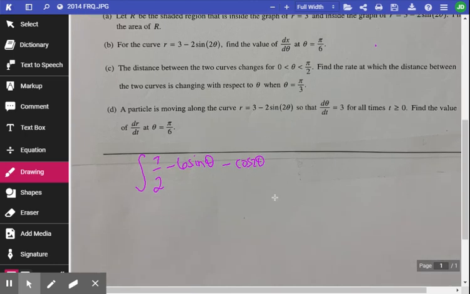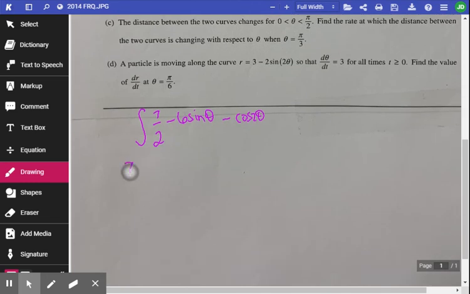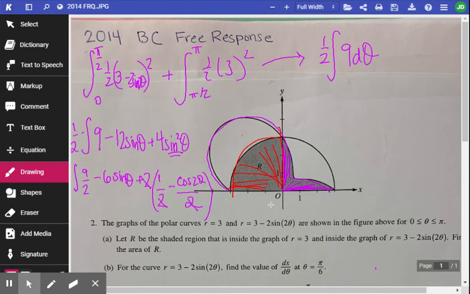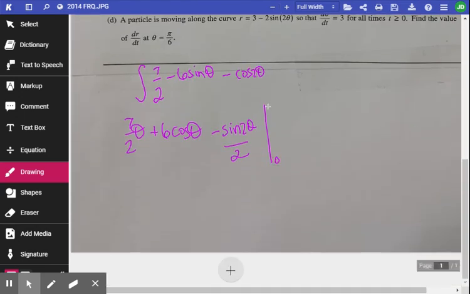So now let's integrate. I'm going to have 7/2 theta plus 6 cosine theta minus sine 2 theta divided by 2, evaluated from 0 to pi over 2. I'm always so happy when it's not pi over 6 or pi over 3. It's so much easier.